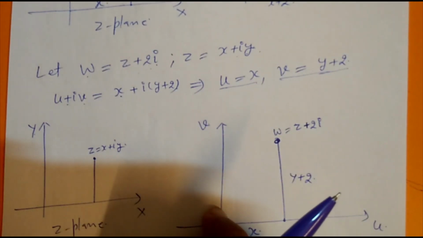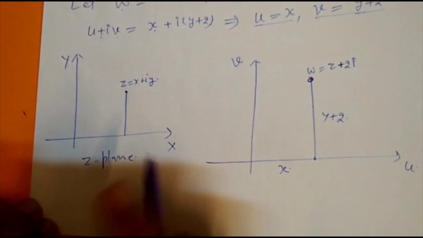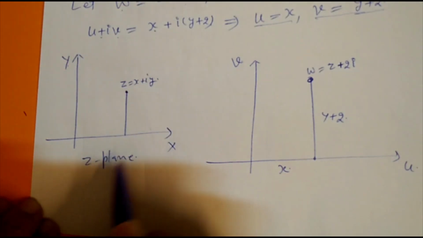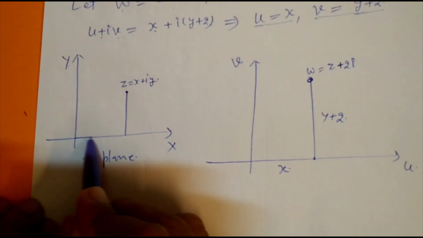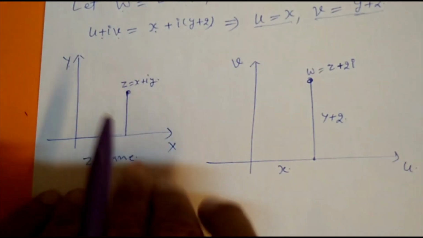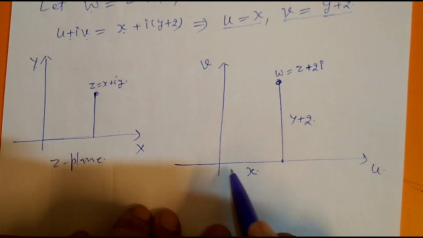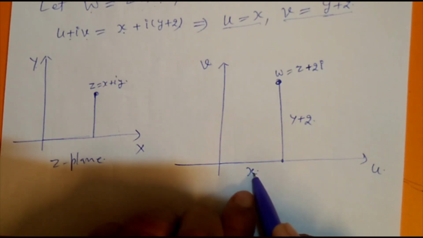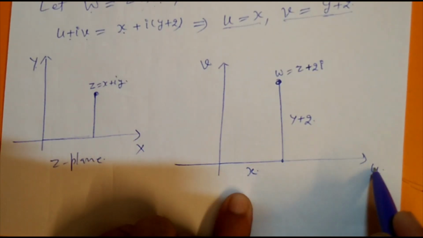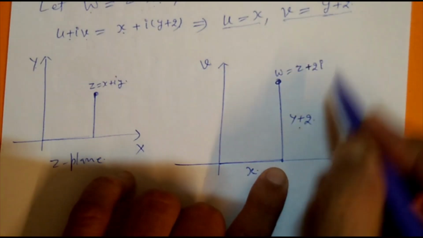Now if we locate the point z in the z plane, the graphical representation of point z in the z plane is in this way, that is this distance is x, this distance is y, and this z point transforms, in the w plane, the distance u displays x, and distance v displays y plus 2.